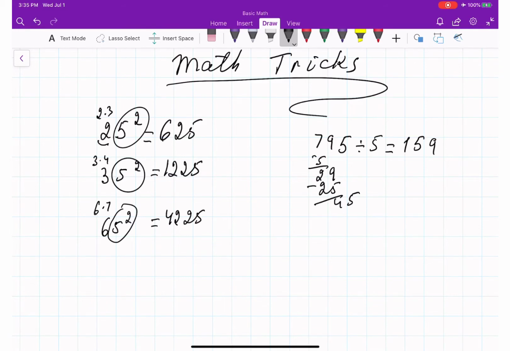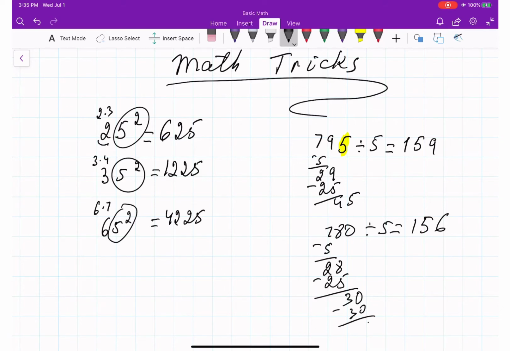Okay, now let's do one with 0. 780. 7 divided by 5 is 1 times 5. 28 by 5 is 5 times 5. 3, bring down 0, is 30, so 6. Here also 0.